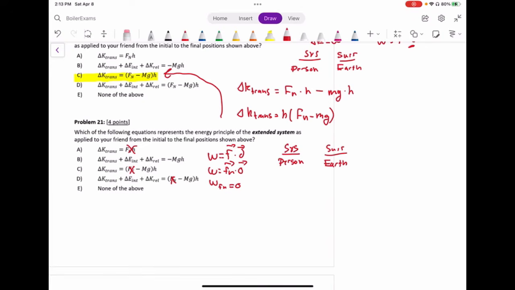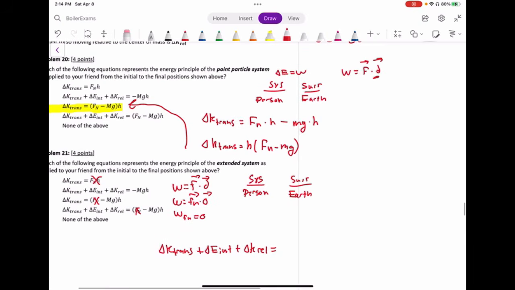So immediately it has to be B or E. But when we also do the extended system, we're going to add in the internal energy of the person and relative energy. So let's write that out. You're going to have translational kinetic energy still. And then you're going to add in these internal and relative terms. And then we have the same work due to gravity as before.